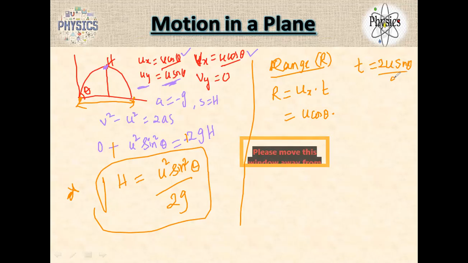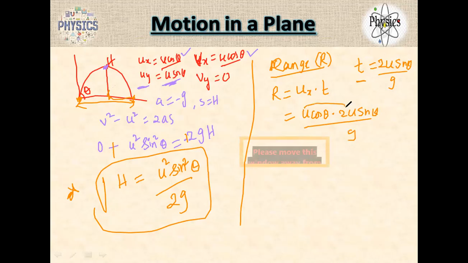I did not tell you this before, but we did it without sin theta: time of flight equals u by g plus u by g, 2u by g. In this case you get 2u sin theta by g. I write T completely because from here to here is t, and from here to here is t. So time of ascent plus time of descent: 2u sin theta by g.